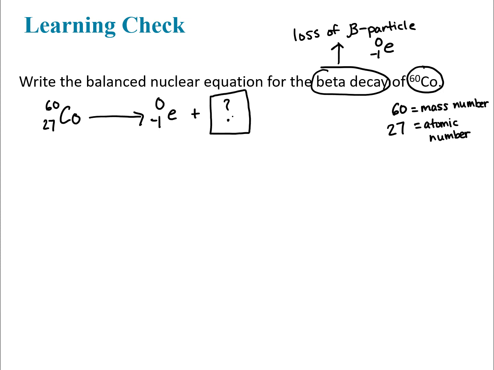We know that we release a beta particle, and we make some new element. On the previous slide, what we said for beta decay, which another way to say that is a beta emitter. They're all different ways to say the same thing.